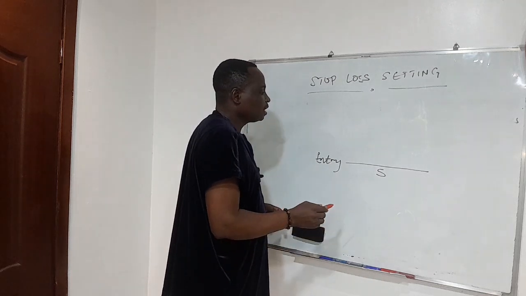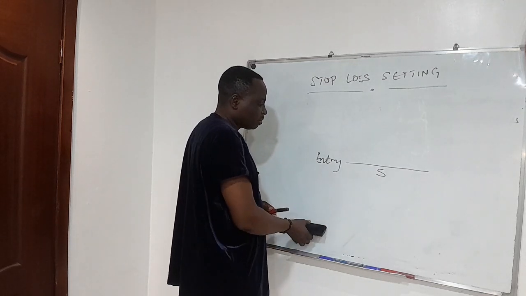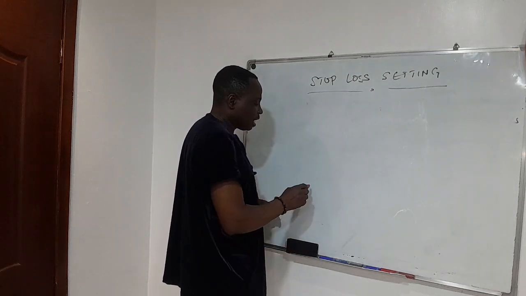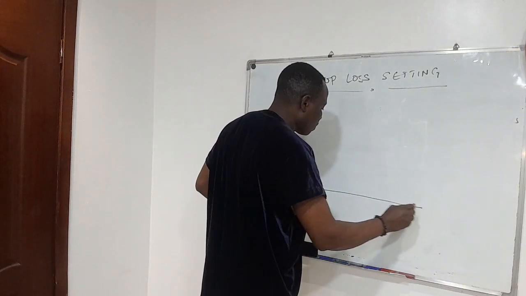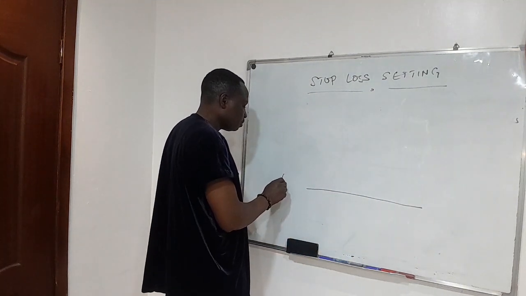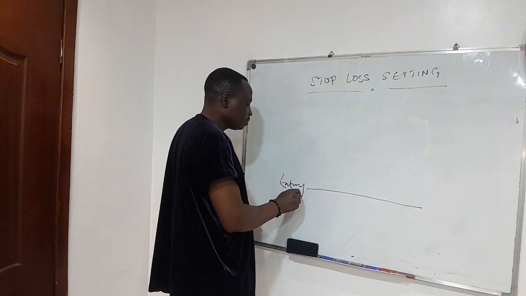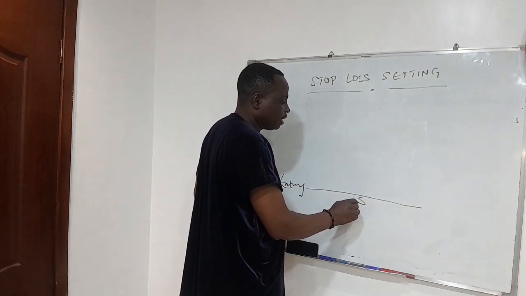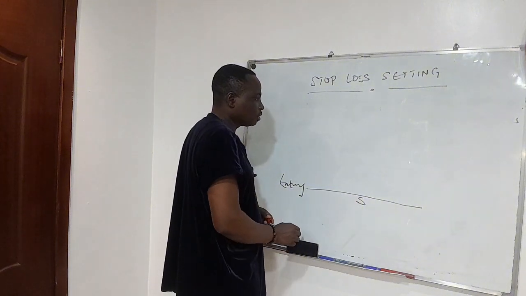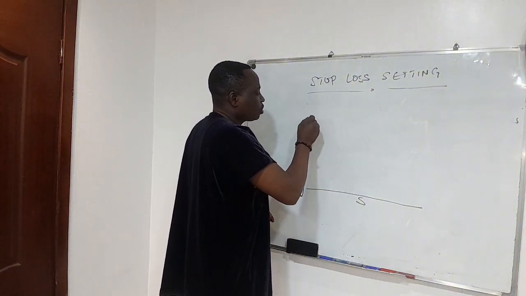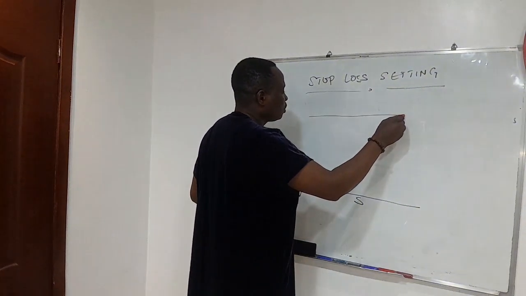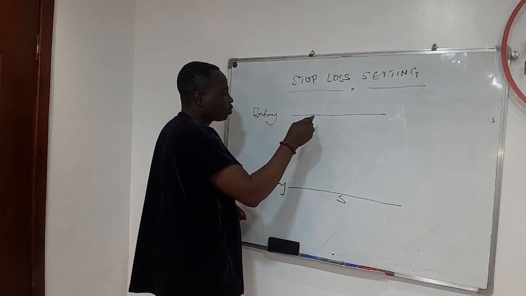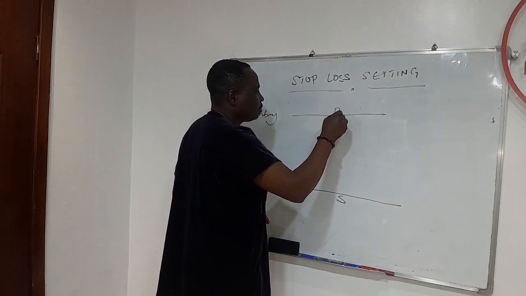Our entry happens at what? At the key level. This is support. Entry can also happen at resistance.